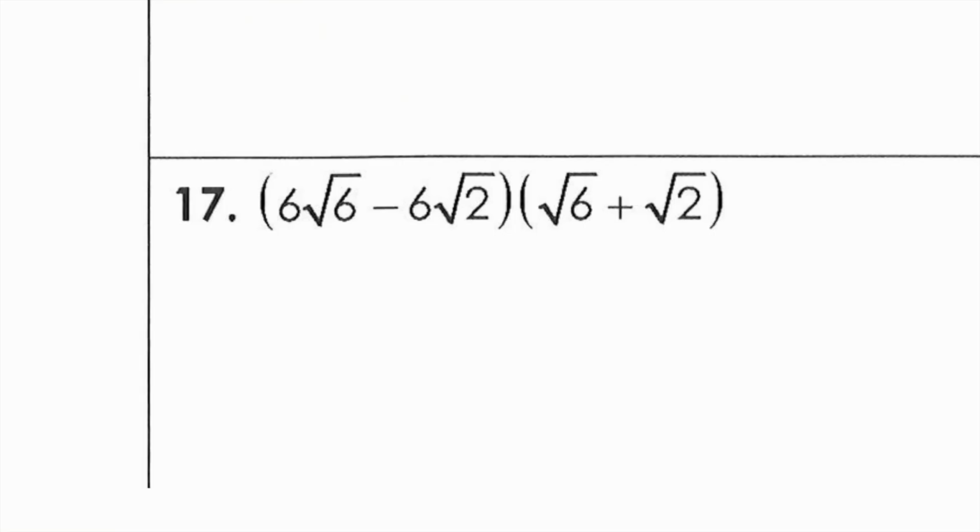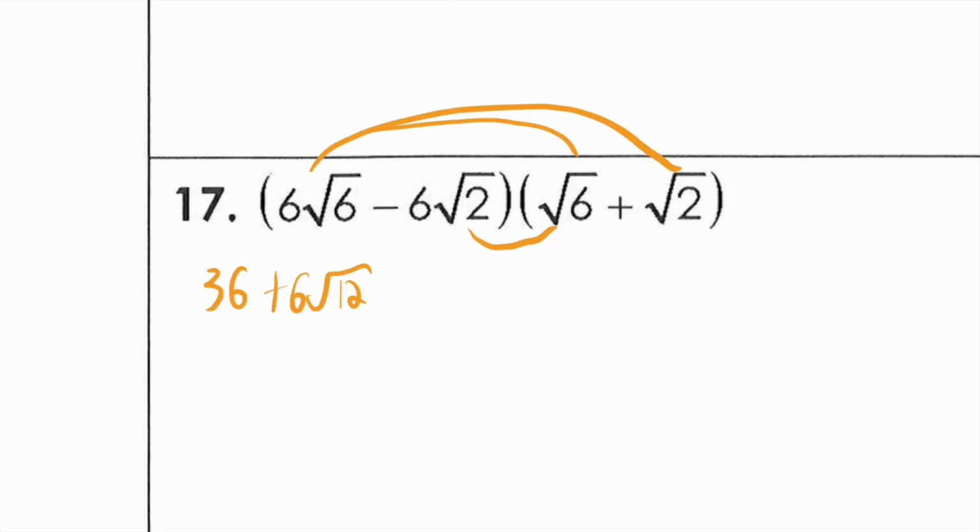Number 17, we're going to go through the same process here of distributing. 6 times the square root of 6 times the square root of 6 gives us 6 times 6, or 36. So remember, square root of 6 times square root of 6 is 6, and multiply that times this 6. 6 times square root of 6 times square root of 2 is 6 times square root of 12.